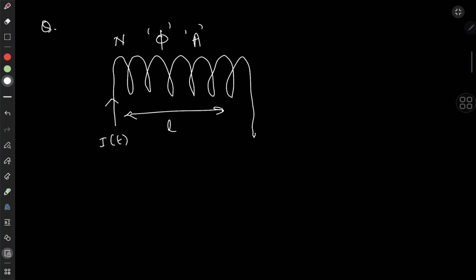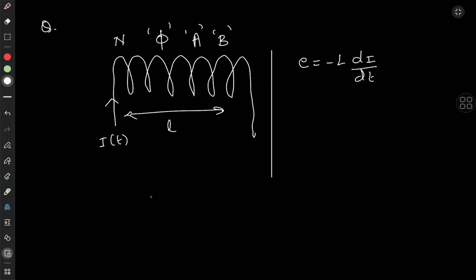Now we have to calculate the magnetic field B produced by this coil. Before going to the induced EMF, you know that E is equal to minus L di by dt is the induced EMF. Now we have to calculate the L value.